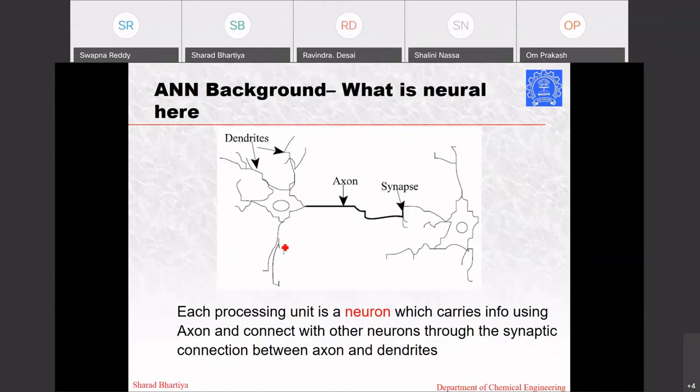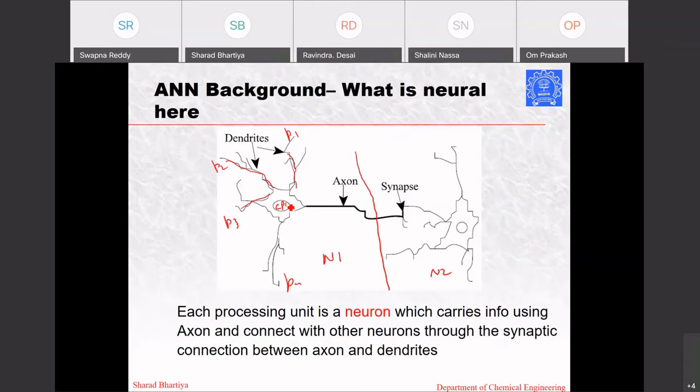But if you see, you have an axon, which is this primary unit. So this is a neuron. Okay, I might just draw. This is one neuron, and this is a second neuron. A neuron is a central processing unit. So think of this as a CPU. All right, it gets its inputs from all these different parts. So for example, I can say inputs P1, P2, P3, P4, and so on.